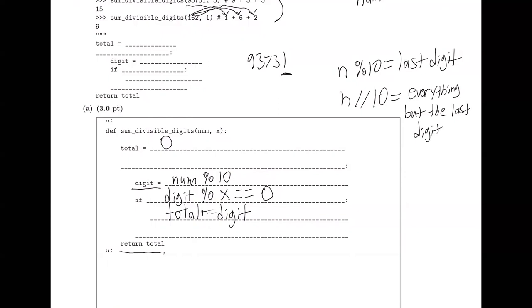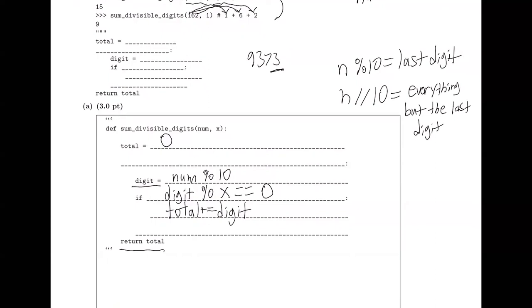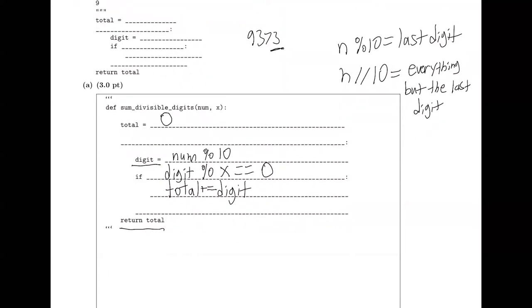So if we plugged in 93,731 into n floor div 10, we would get back 9,373. And now we can take a look at this last digit instead of 1. So after taking a look at our last digit, we can effectively remove that last digit by doing num is equal to num floor div 10.